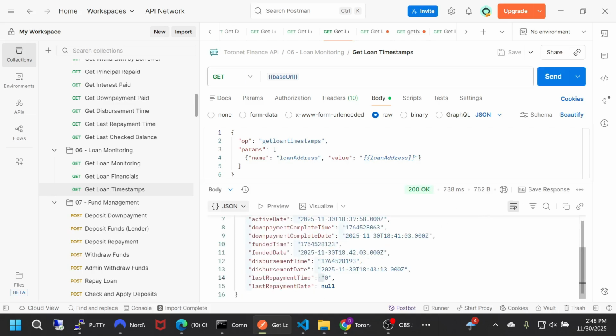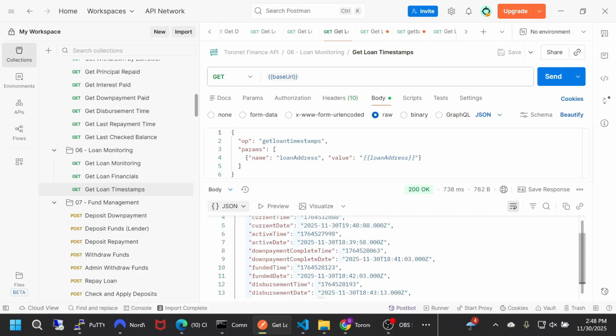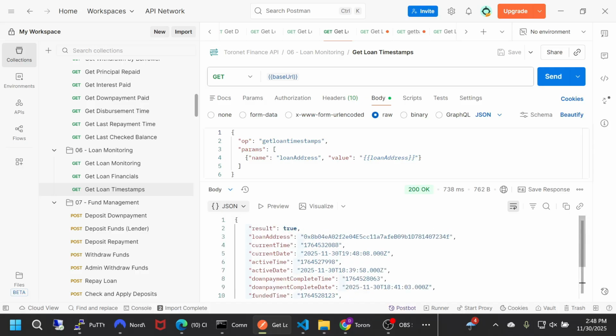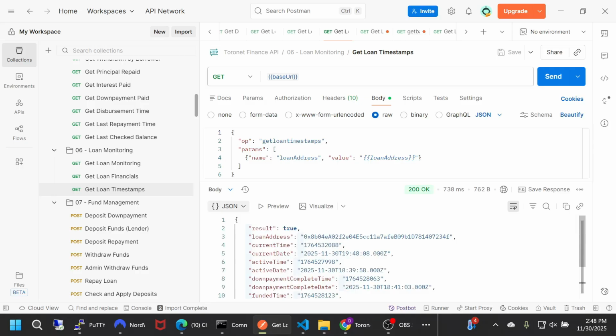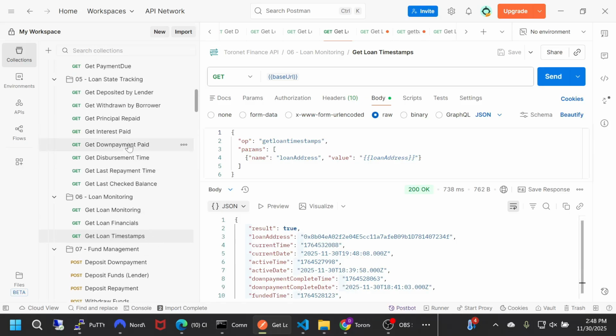Okay, so disbursement time was 1843, and the time now is 1948. So it's just a little bit of an hour. There will not be any late fees yet. We can confirm that here.